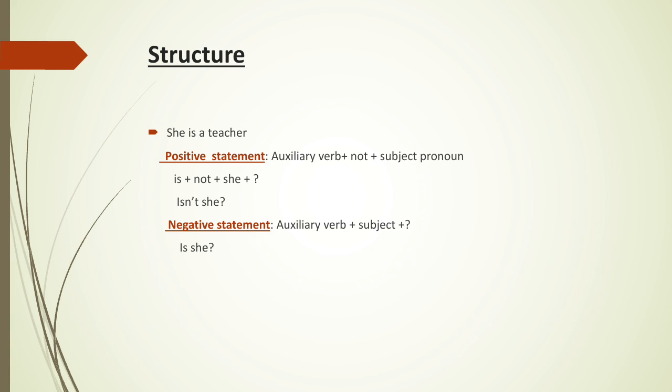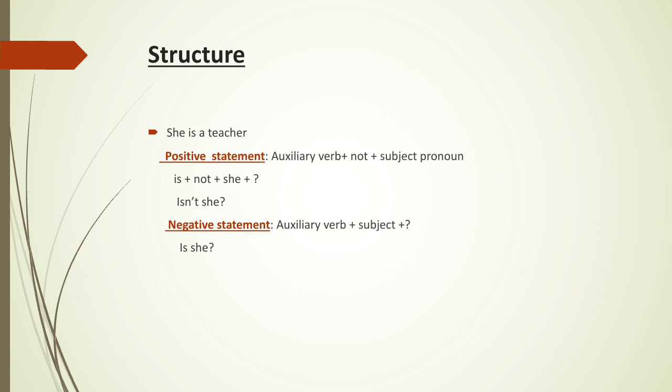Okay, now the structure. If you see this part, I think your conception about tag questions, or your basic information about tag questions, will be clear to you. Here is an example. She is a teacher. Here the statement is in positive form.